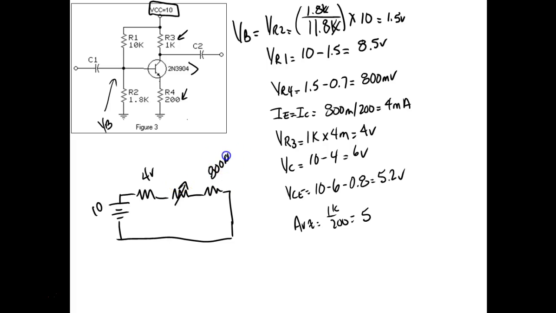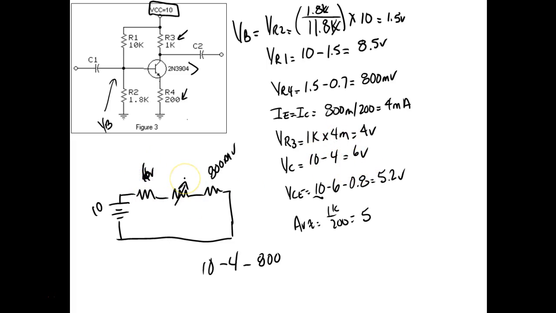So how would I find the voltage drop across there? That's not 800 volts, that's millivolts. Well, I would say 10 minus 4 minus 800 millivolts. Wait a second, this is 6.